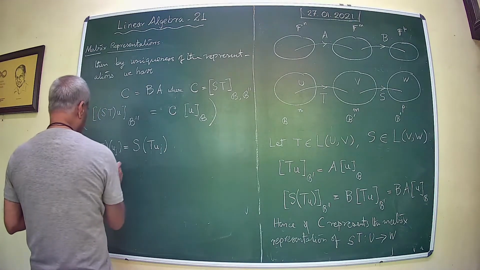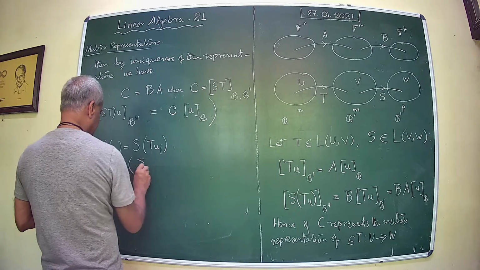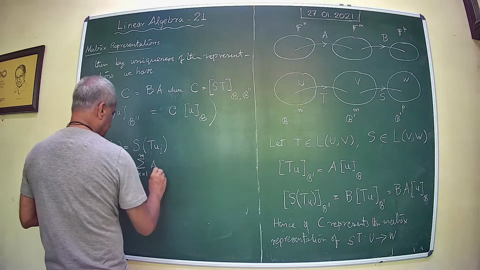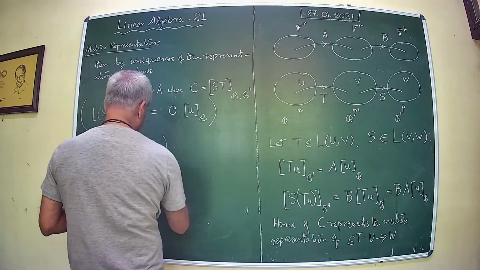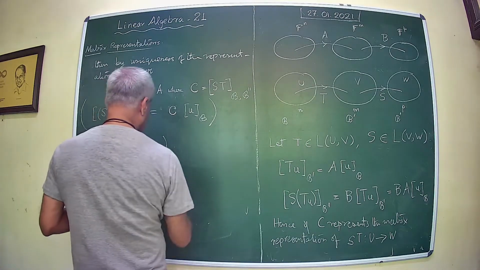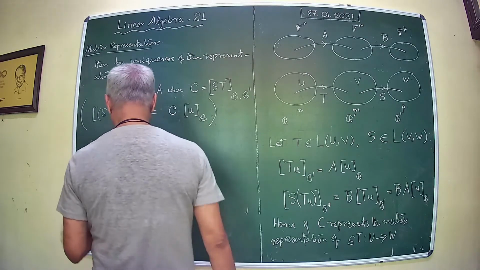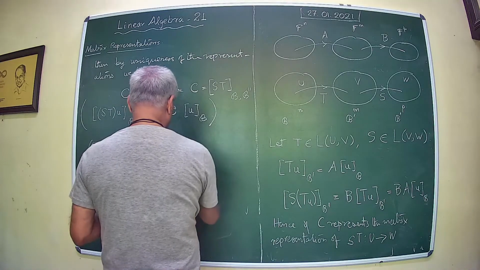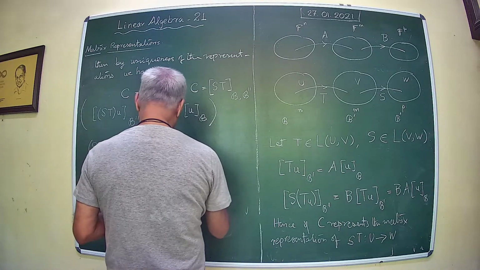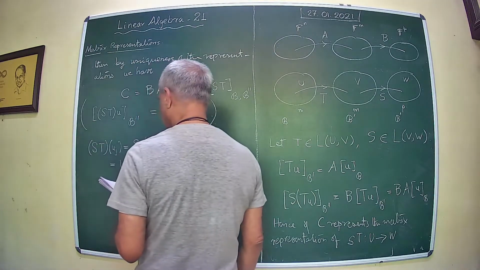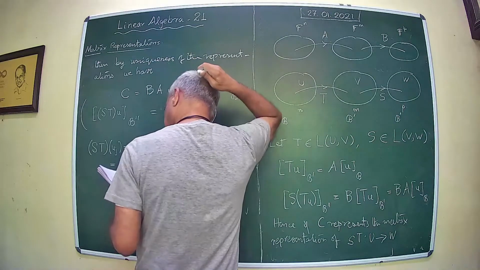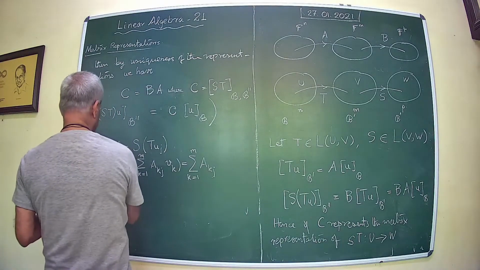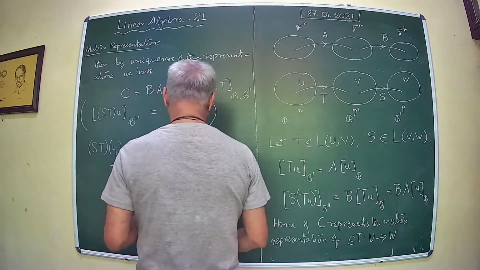And this is equal to S of sigma k equal to 1 to m of a_kj v_k. And that's equal to sigma k equal to 1 to m of a_kj S of v_k.